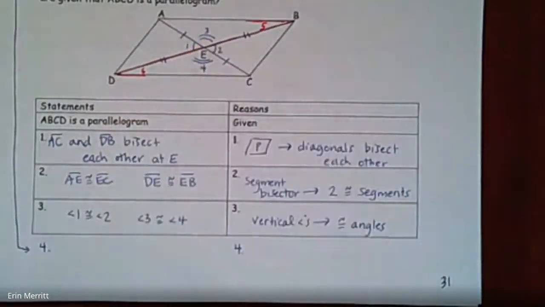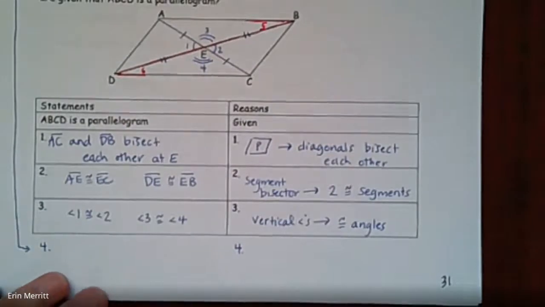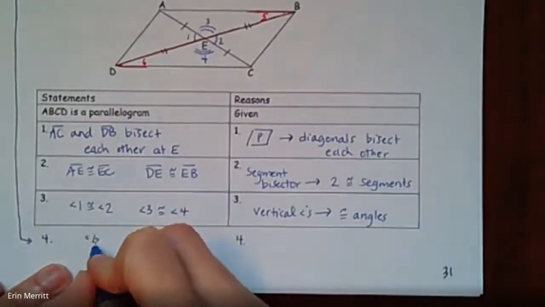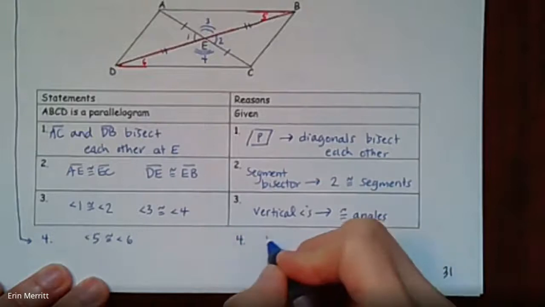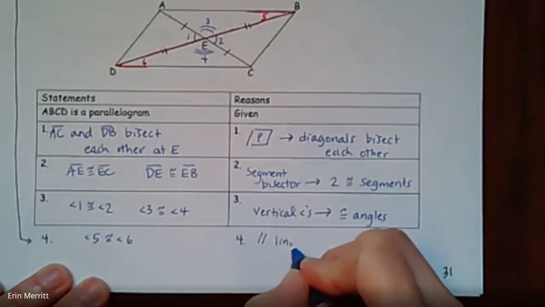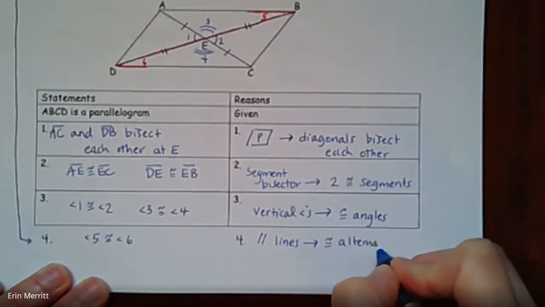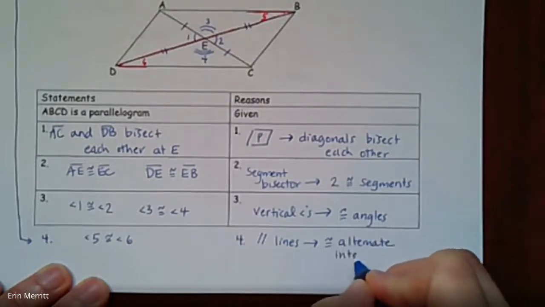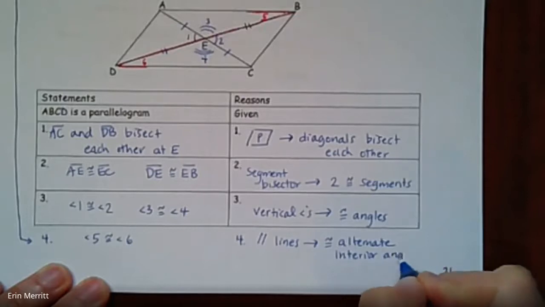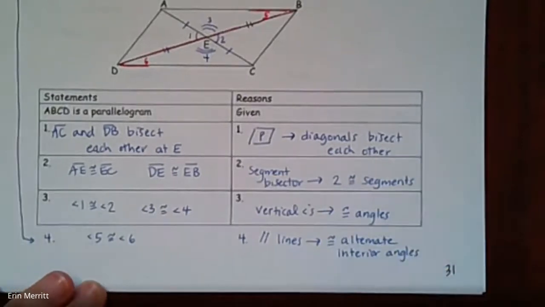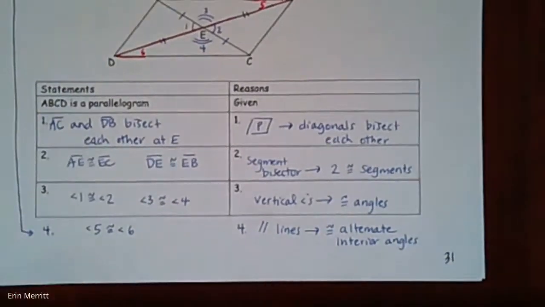You have more than one pair of alternate interiors, but just for the sake of getting it into the notes, I could say angle 5 is congruent to angle 6, and that would be parallel lines implies congruent alternate interior angles. So there are some new reasons we're allowed to use, but then there's also the old reasons that we had from before that we can connect with those.